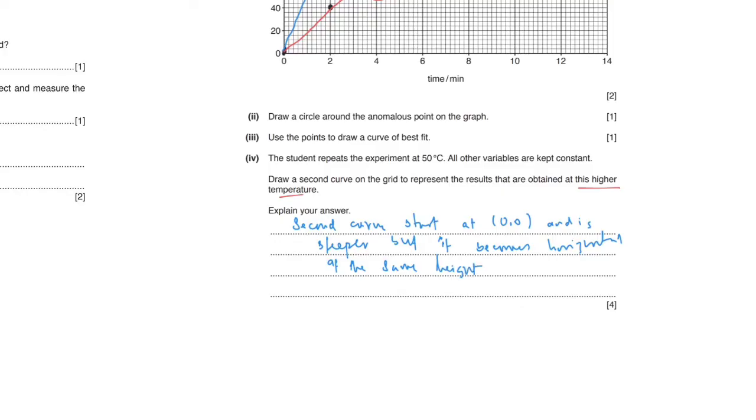Okay. You have to explain your answer as well, that why is it happening. So it levels off at horizontal at the same height a bit earlier, which shows greater rate at higher temperature.